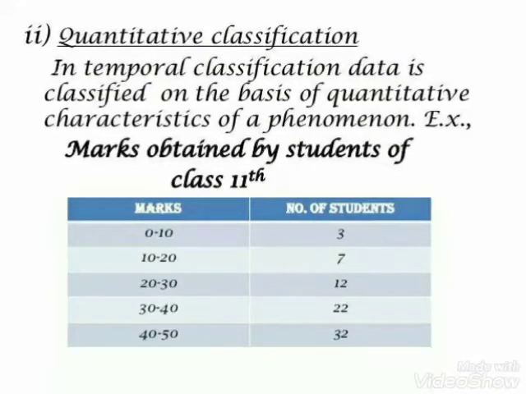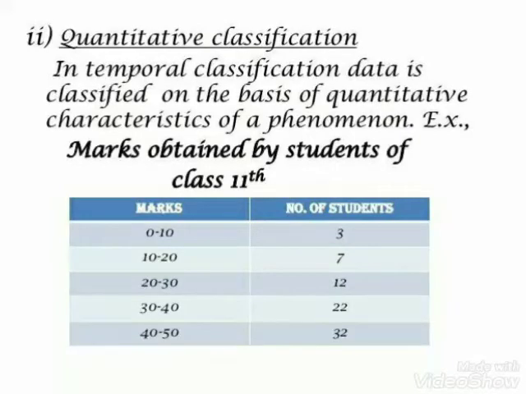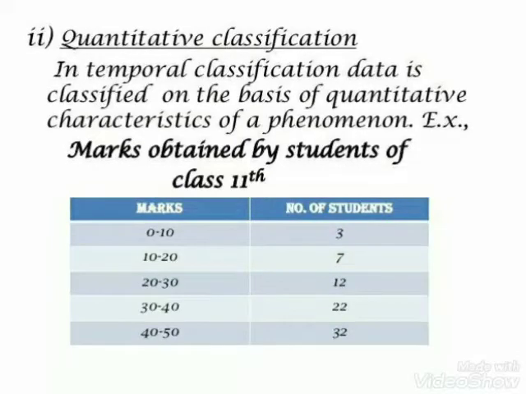So the table over here shows the classification of the economics marks of the students. On one side there are marks, and on the other side we have the number of students who have scored the following marks.